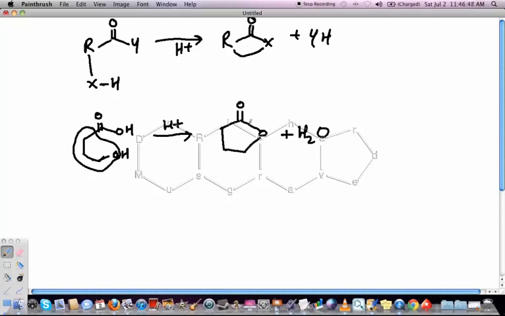Then we have the X group connected to the C double bond O, and this will be the Y group, and this will be YH, and there's your X group there. So it's still pretty much the same as the esterification, it's just done in a cyclic environment. Let's take a look at the mechanism for this.